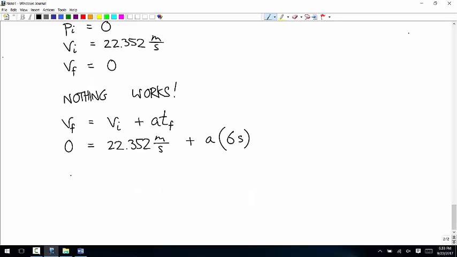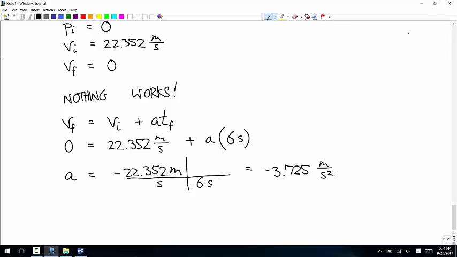And so A is equal to negative 22.352 meters per second, all divided by 6 seconds. And what do you get for that? Negative 3.725.